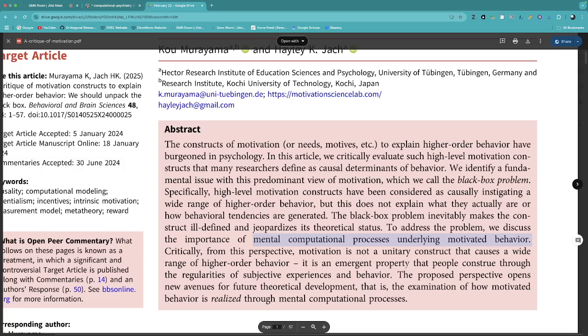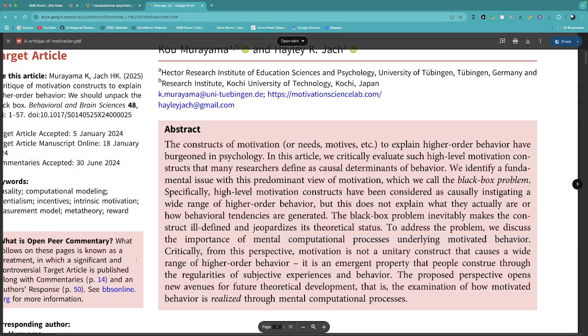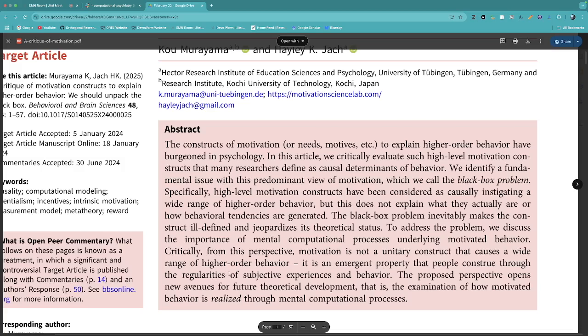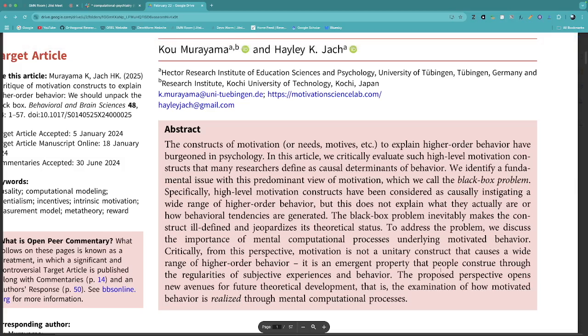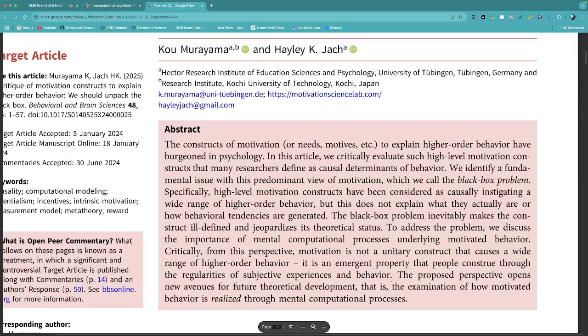Critically, from this perspective, motivation is not a unitary construct that causes a wide range of higher order behavior. It is an emergent property that people construe through the regularities of subjective experience and behavior. The proposed perspective opens new avenues for future theoretical development, that is, the examination of how motivated behavior is realized through mental computational processes.